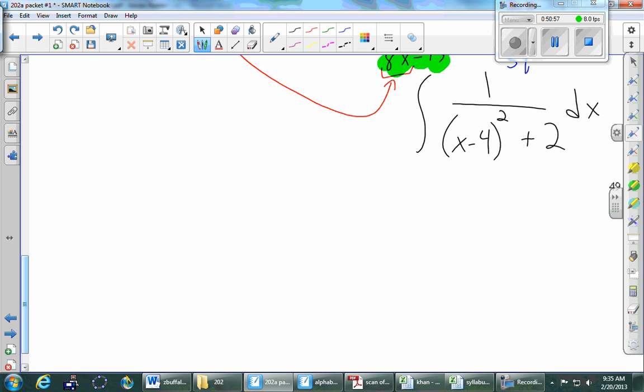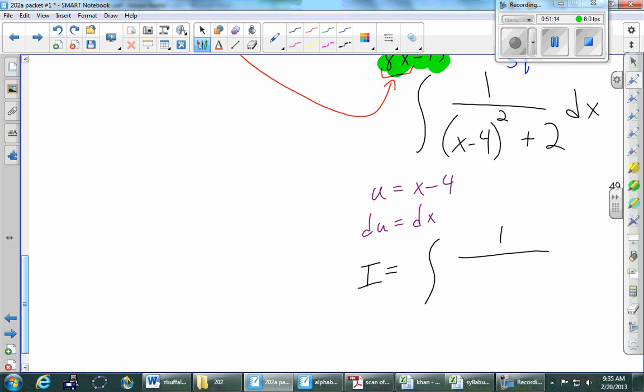So here's our baby u substitution. U is equal to x minus 4 without the square. What's du? It's just dx. So that means the integral is equal to 1 over x minus 4 squared becomes u squared plus, I'm actually going to write this guy as another number squared.